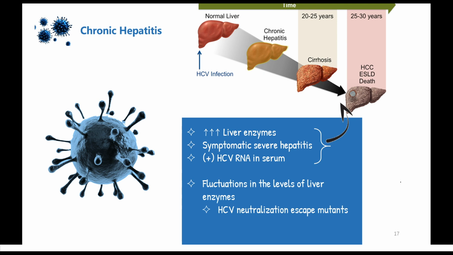With chronic hepatitis C infection, there may be fluctuation in the levels of the liver enzymes. This fluctuation is because of the presence of HCV neutralization escape mutants. What are these mutants? These are actually variants of HCV that are resistant to antibody neutralization.